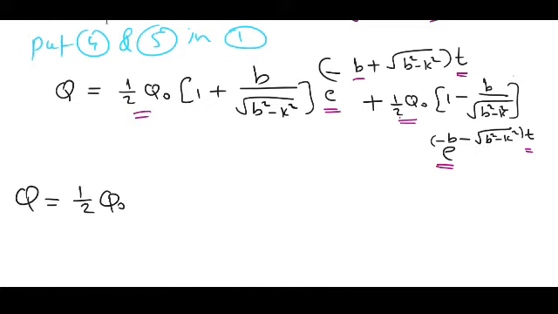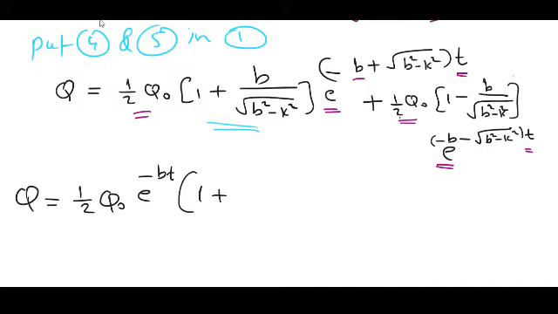half q0 into e power minus bt, we have to take e power minus bt also outside. Then the remaining terms, we have 1 plus b by root of b square minus k square.